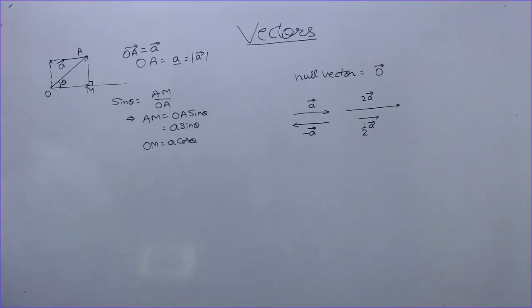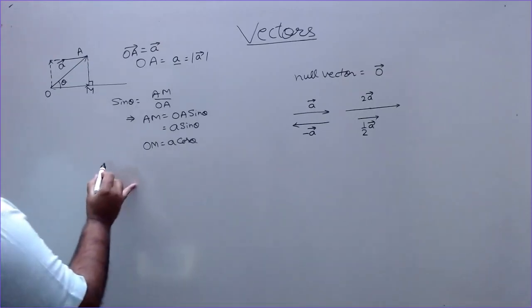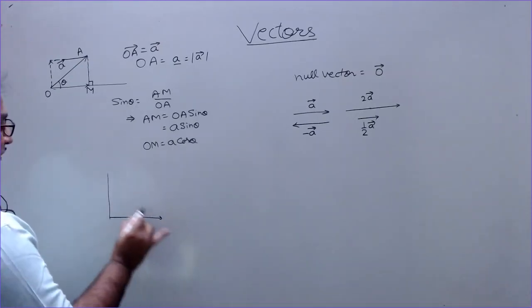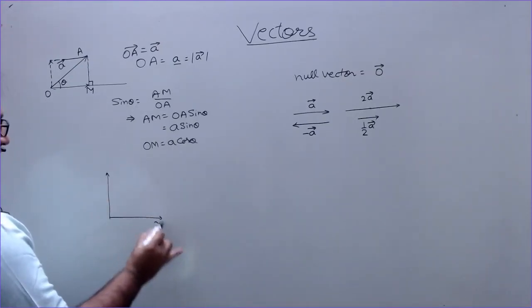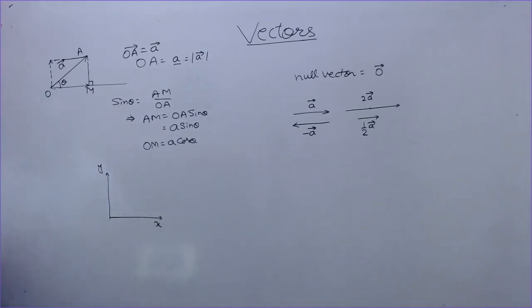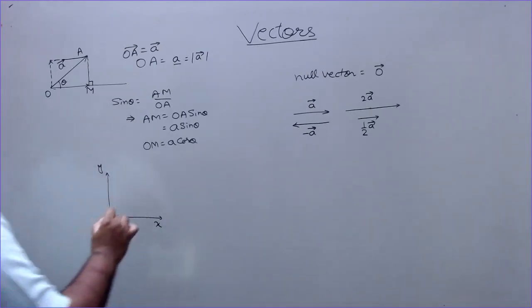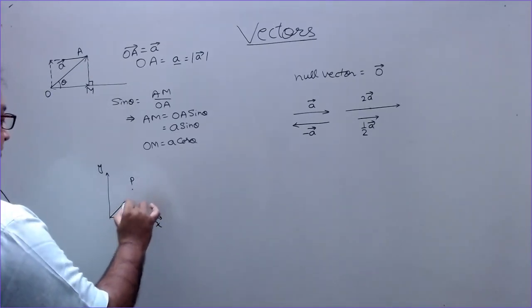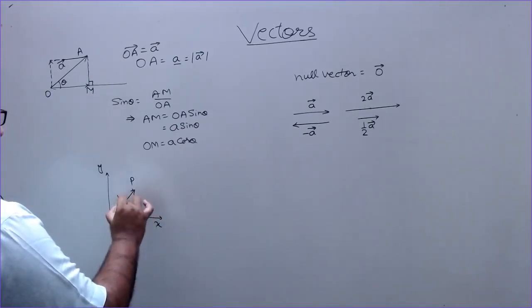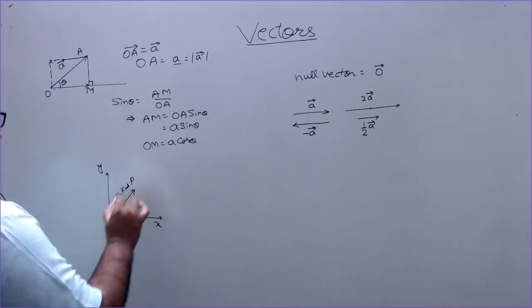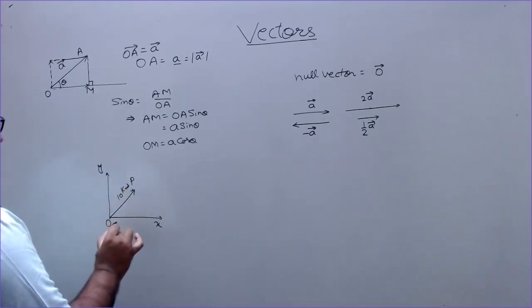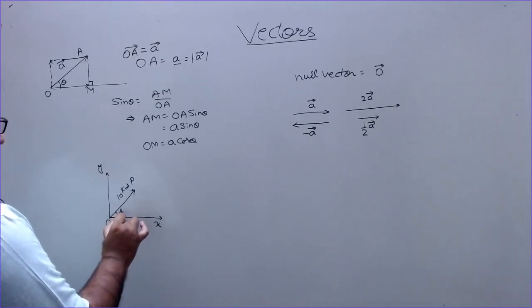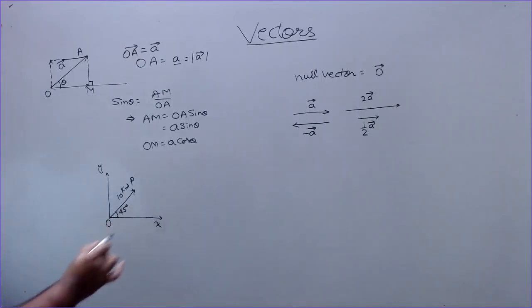Now as I told you, when we take the components of a vector, this is the x-axis, this is the y-axis. So if we have this point, say P, which is at a distance of say 10 kilometers from this point O, which is taken as the origin, at an angle of 45 degrees with the x-axis.